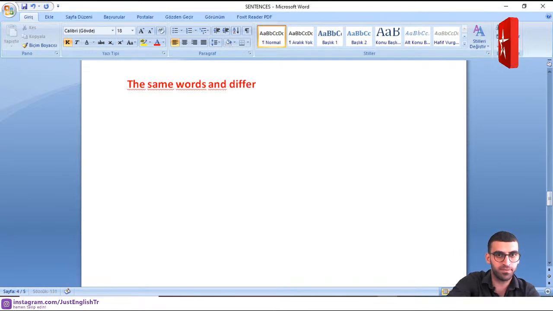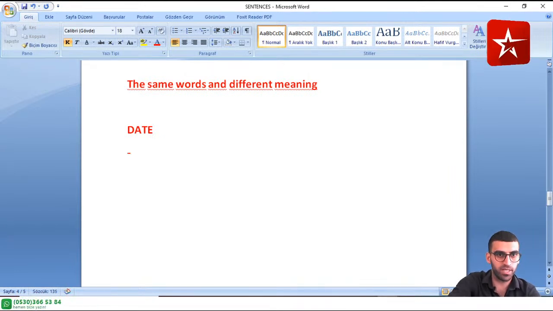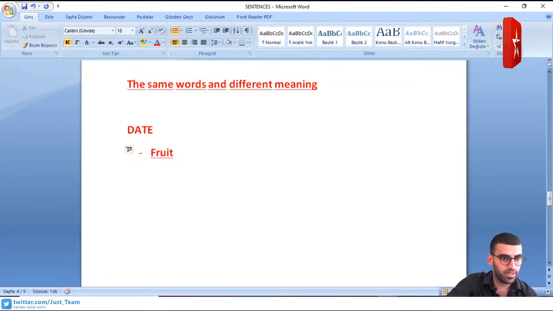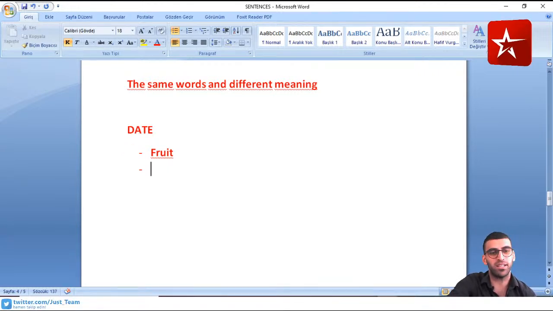How can we use them? For example, the word is date. The first meaning of date is fruit. The fruit is common in Arabic countries.